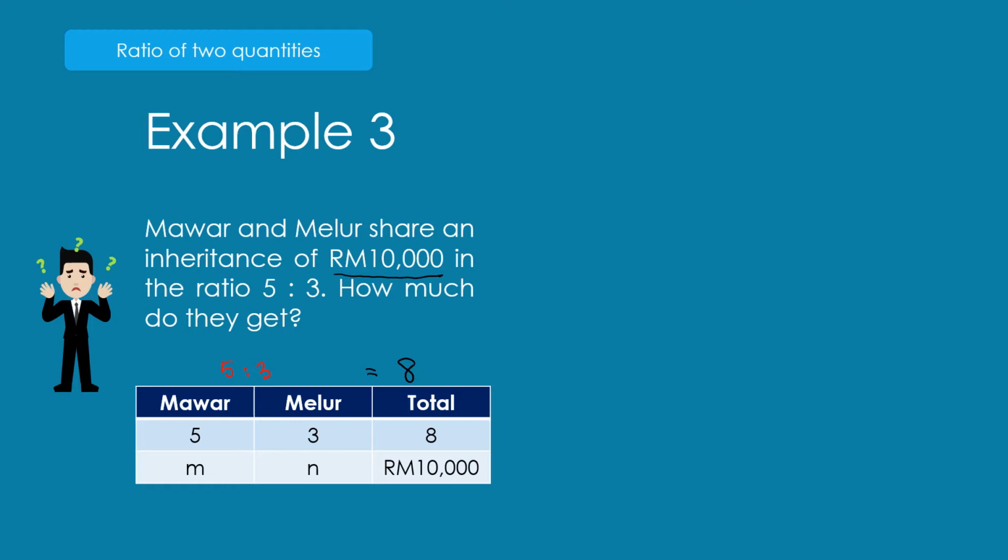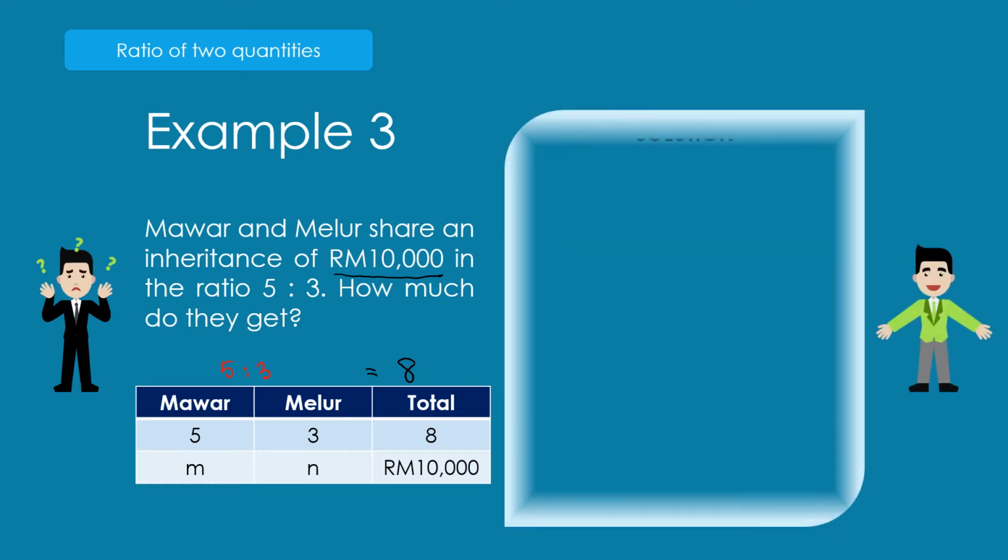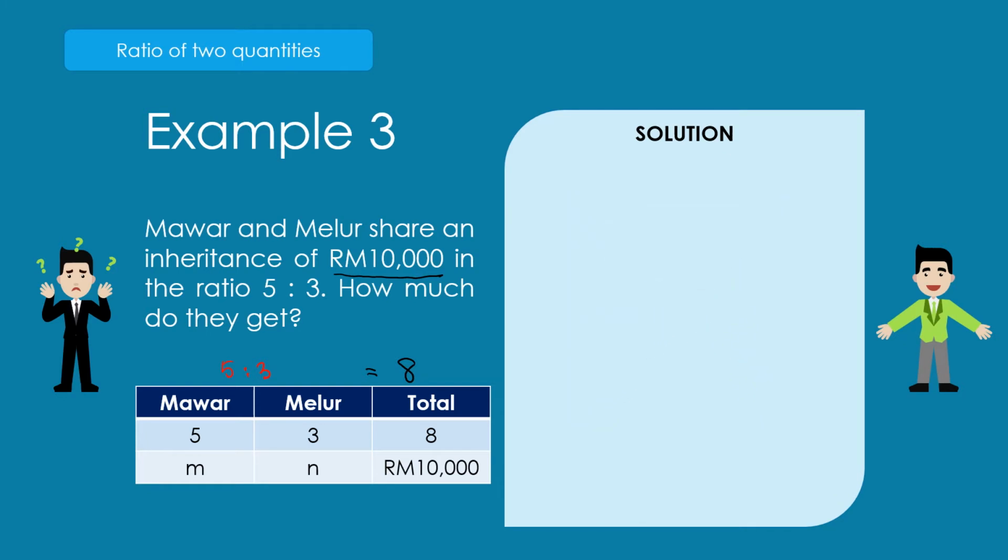To solve this question, I use the method of finding one portion. That means one portion is equivalent to how many RM? We assume that one portion is x.